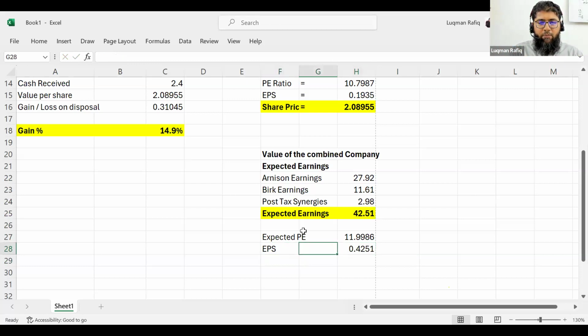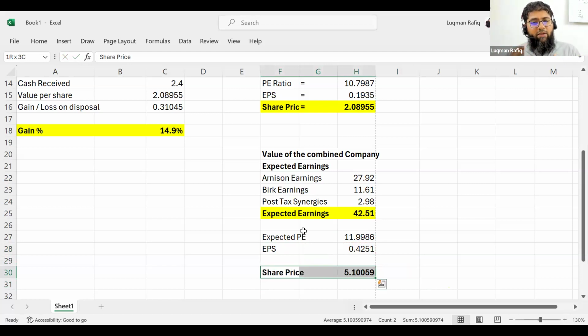EPS is going to be 0.4251. So share price is going to be P/E ratio multiplied by EPS. So it's actually going to be 5.1, which is the share price of the combined company.